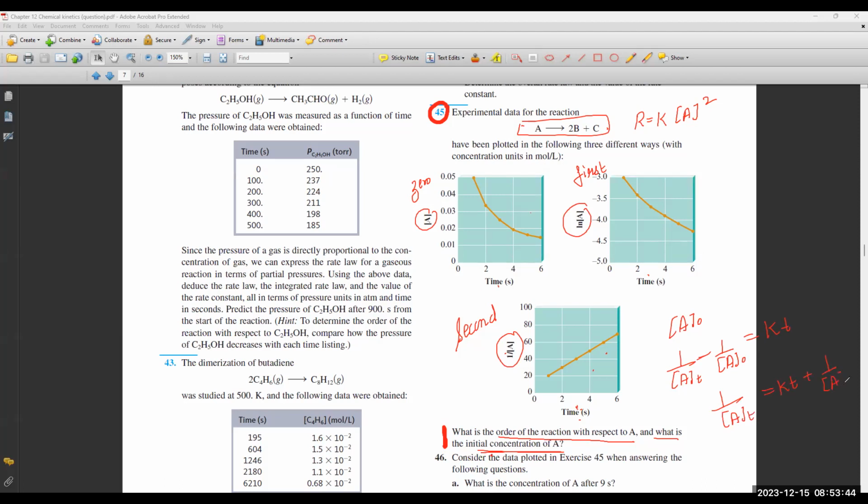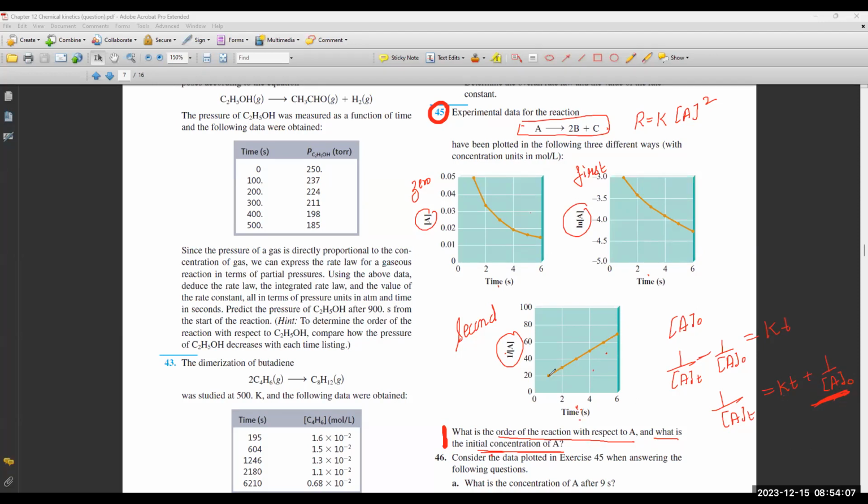So they're asking me to give the answer for this A naught, initial concentration, from this graph. Nothing else is there. They have not given me the K value. They are not asking any T or something. Nothing is given. This graph is given and they're asking what's the value of A naught.